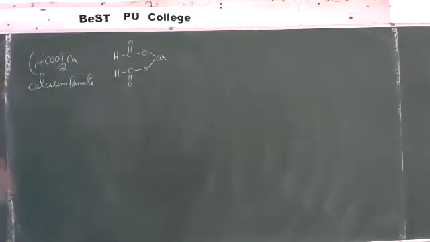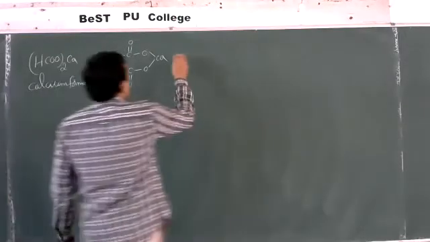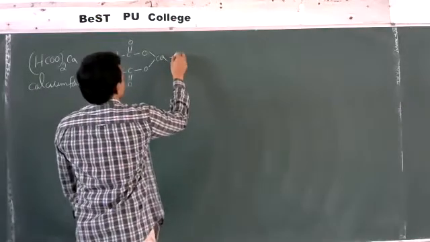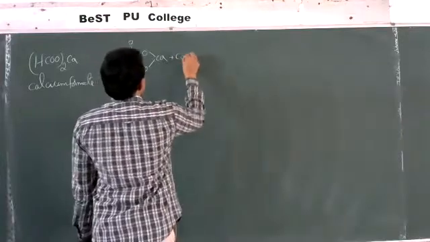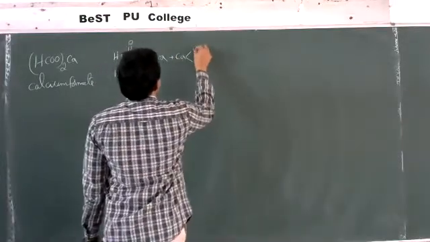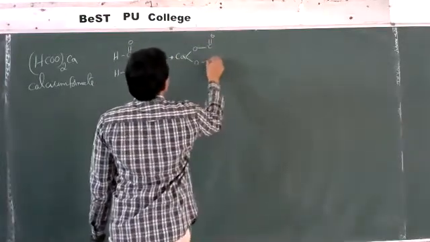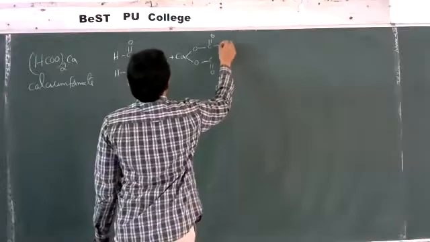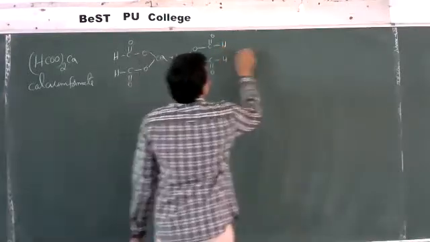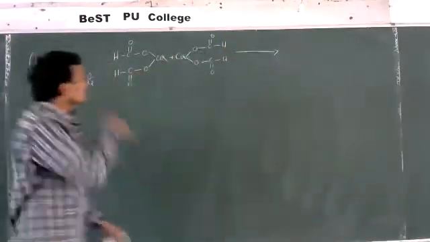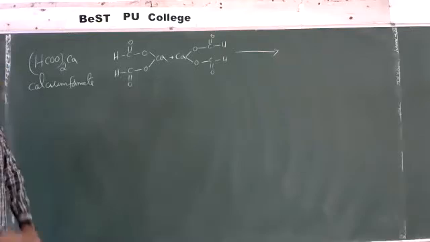Plus one more mole I'll take here, calcium formate. Now from this, 2 moles of CaCO3 get eliminated.